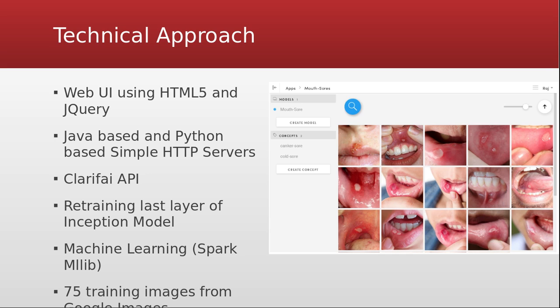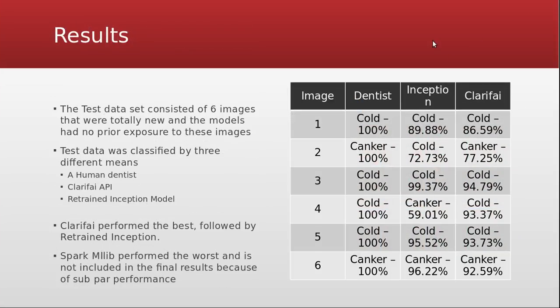The dataset included about 75 training images picked up from Google Images. To see how it performed, we tested with 6 different images. The 6 different images were classified using 3 different means. The first one was a human dentist. The second one was using the Clarify API, and the third one was to use a retrained inception model.